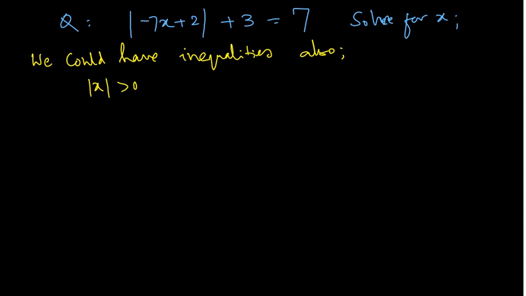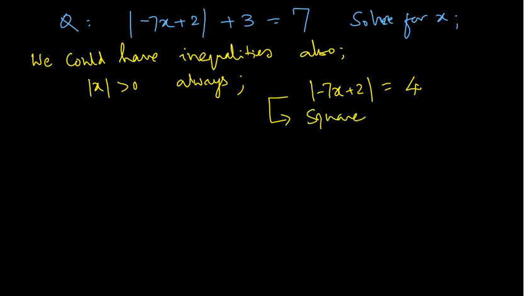So here, do I have to square the minus 7x plus 2? Yes, so you got minus 7x plus 2 equals 4. From the working perspective, if you are to show the working, when you square both sides you have minus 7x plus 2 whole squared equals 16, 4 squared.